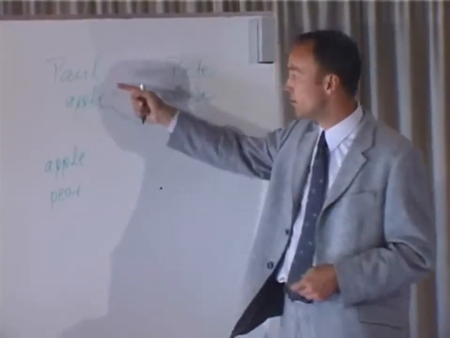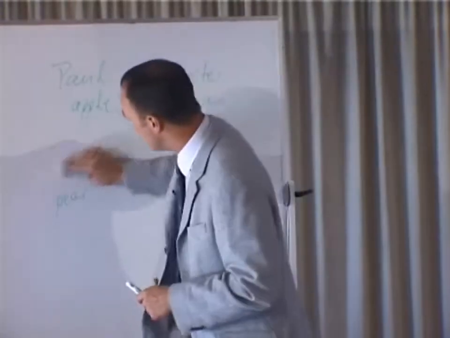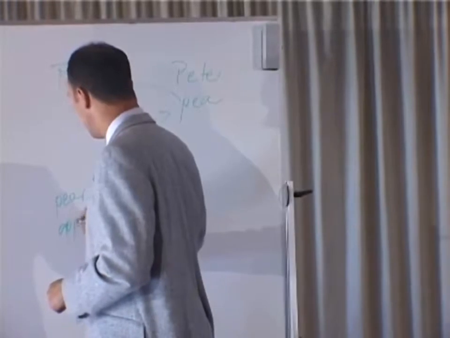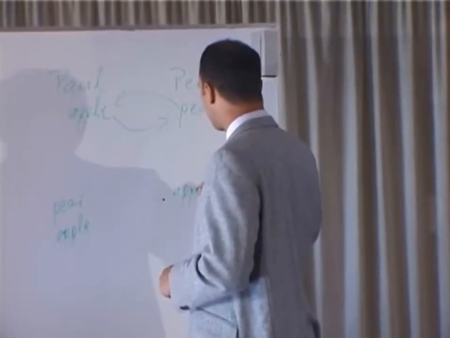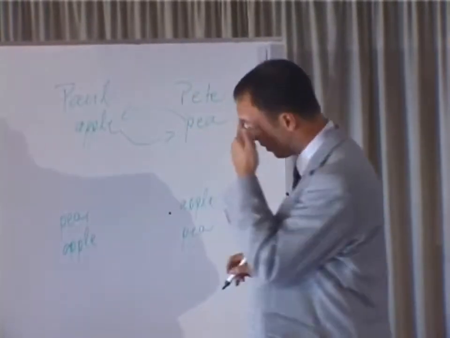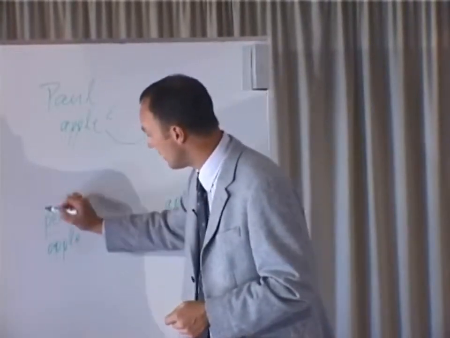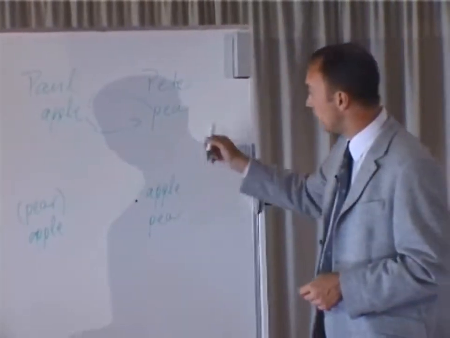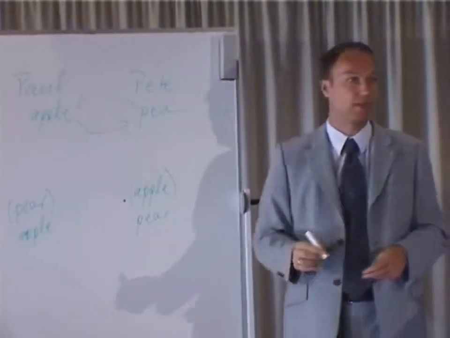So the pear for Paul has a higher value than the apple, and the apple for Peter has a higher value than the pear. And then there's another writing convention: Paul has the apple, he does not have the pear, so we put the pear into brackets. And Peter has the pear, he does not have the apple, so we put the apple into brackets.